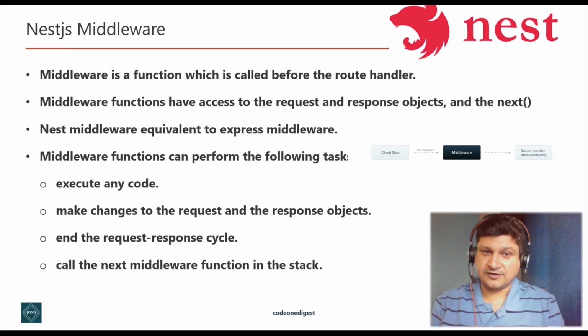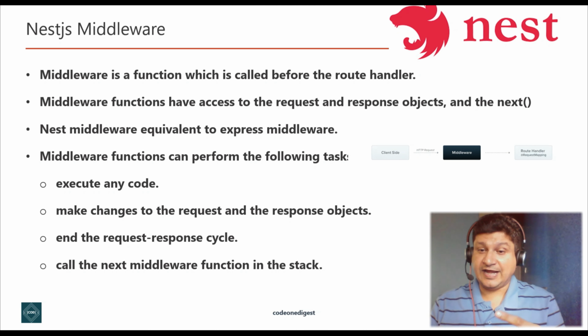Same concept is here. All these middlewares are chained together. They process the request and they pass that request object to the next middleware in the chain. They have access to the request and response object and they also have a reference to the next middleware in the chain. So Nest middleware is equivalent to Express middleware.